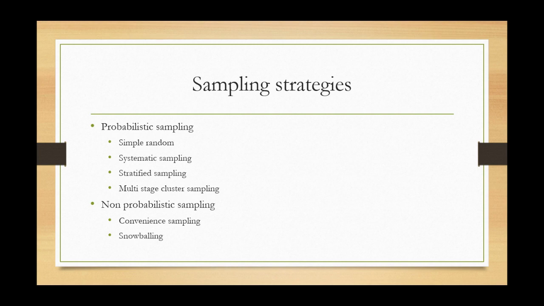This kind of sampling, probability sampling, is the most rigorous form of sampling in quantitative research, simply because the investigator can claim that the sample is representative of the population, and as such can make generalizations to the population.